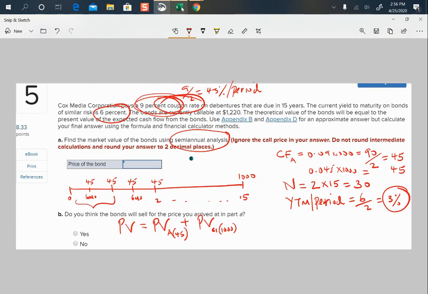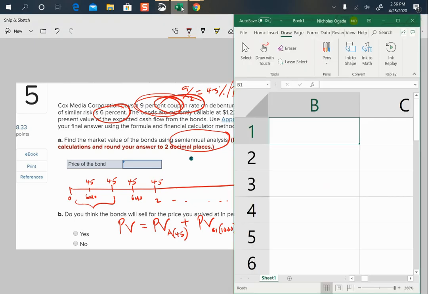I'm going to show you how you determine the present value using Excel. If you go into Excel and type in equal to present value and just follow the prompts, we need to key in the rate. We know that we're discounting the cash flow using the yield to maturity per period, which in this example is 3%.